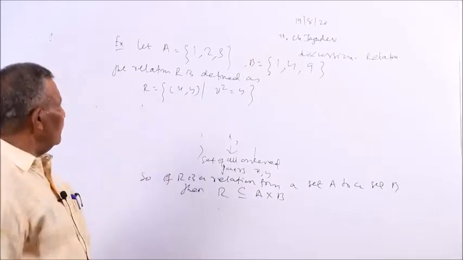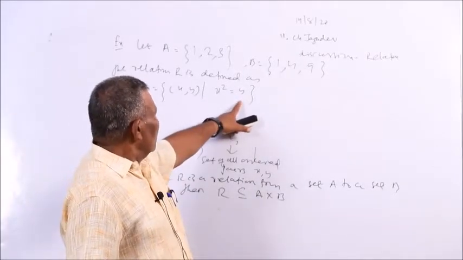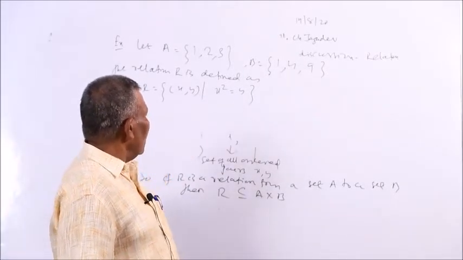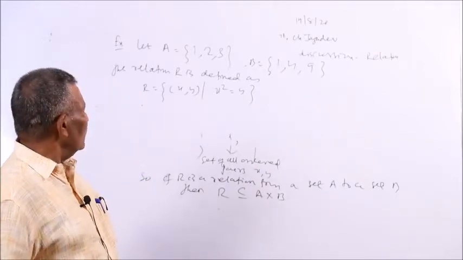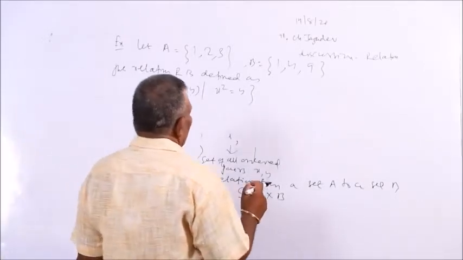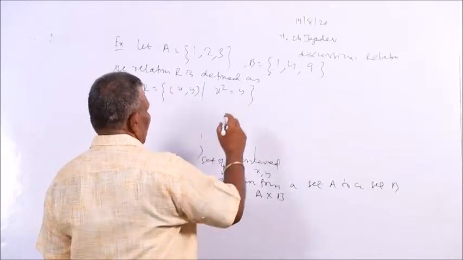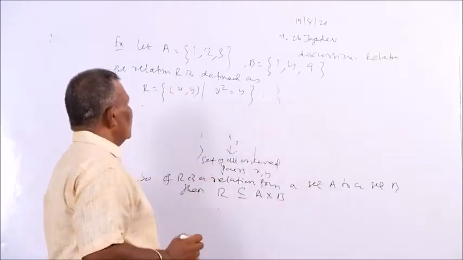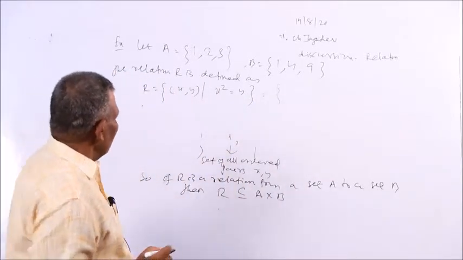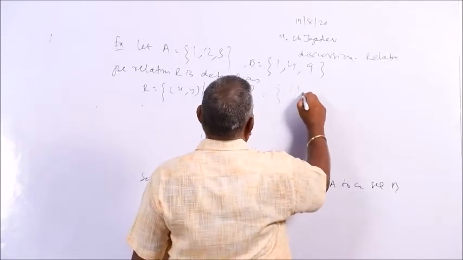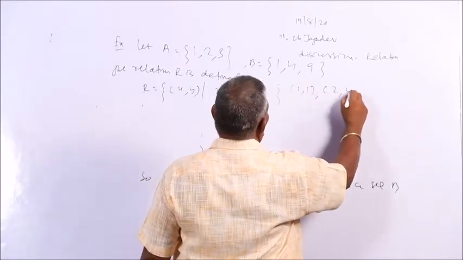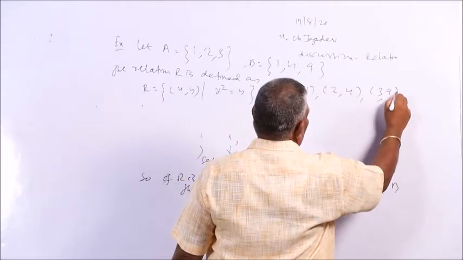That is, elements of A are square roots of elements of B, or elements of B are squares of elements of A. So now the question comes, what are the elements of R here? (1,1), (2,4), (3,9).